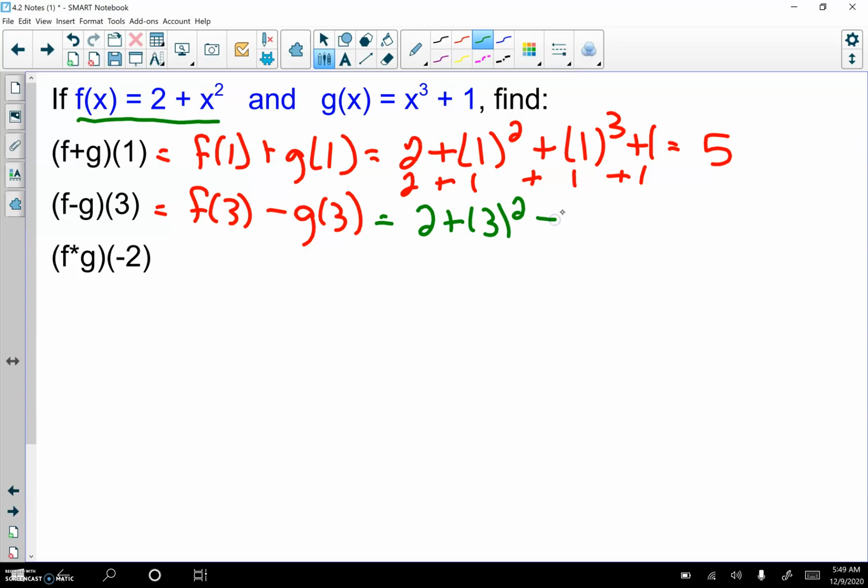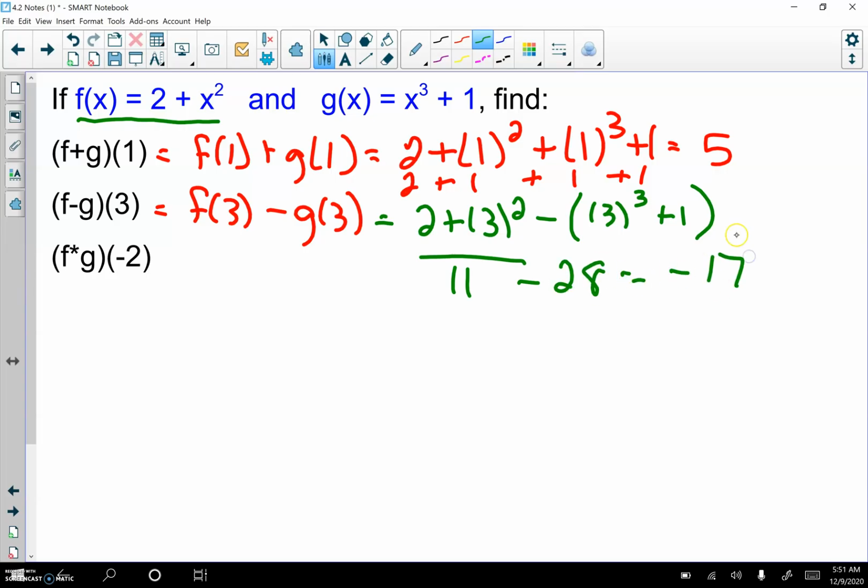And then minus parenthesis 3 cubed plus 1. So this ends up being 11 minus 28, which equals negative 17. Notice on all of these, we're coming out with a number because we know the x.